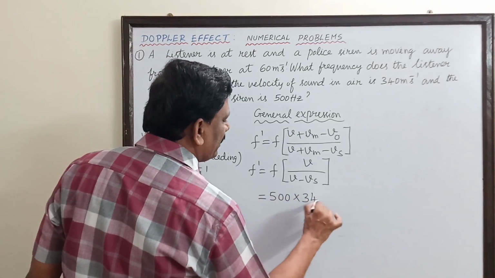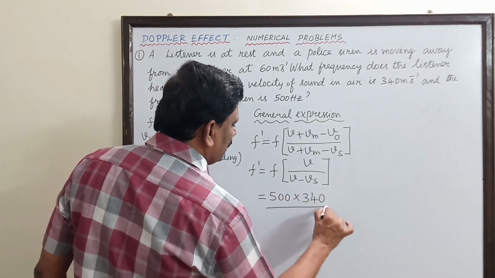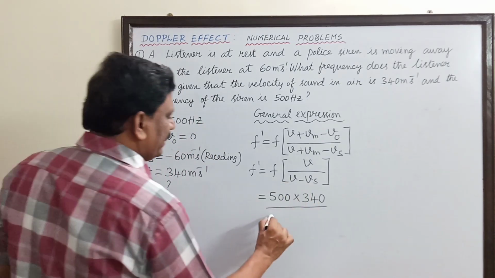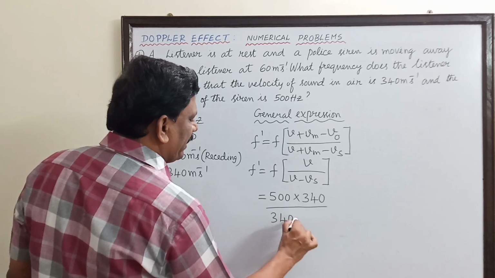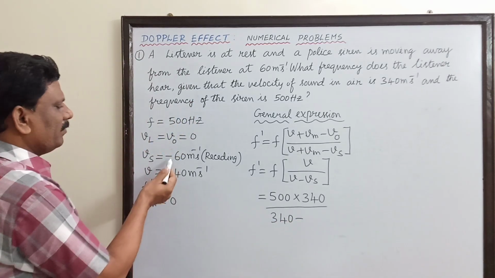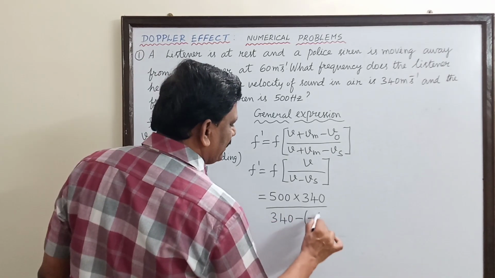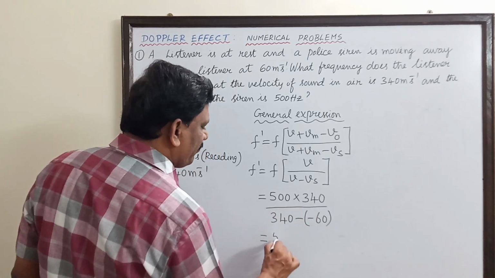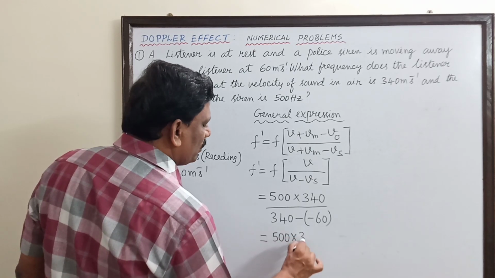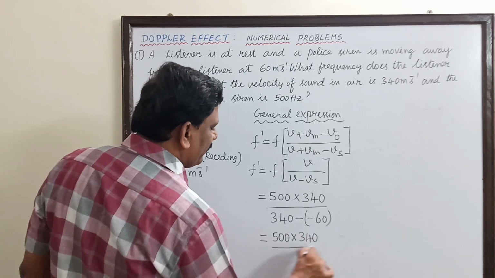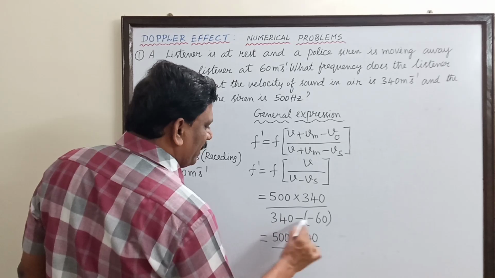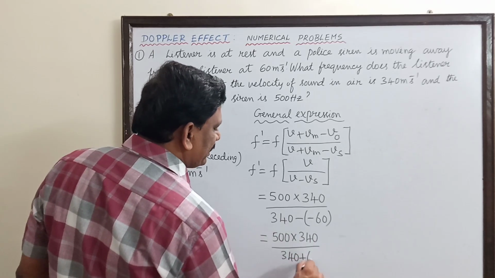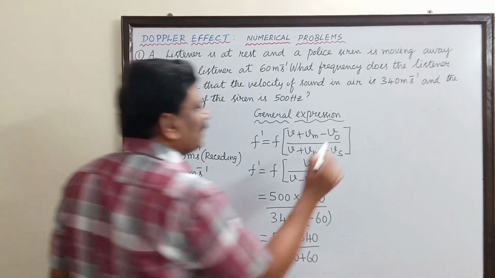So F dash is equal to 500 into 340 divided by 340 minus of minus 60, which is 340 plus 60. So this is 400.